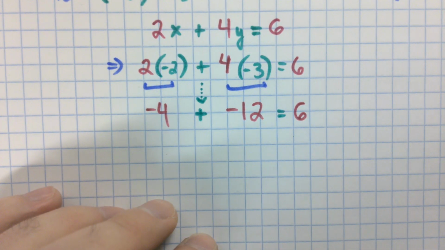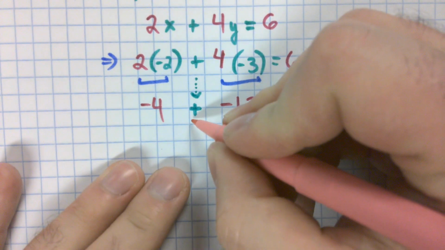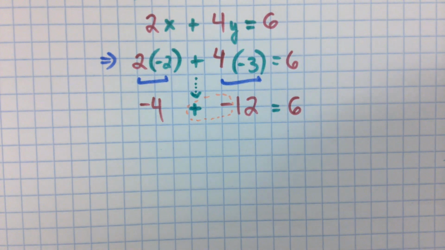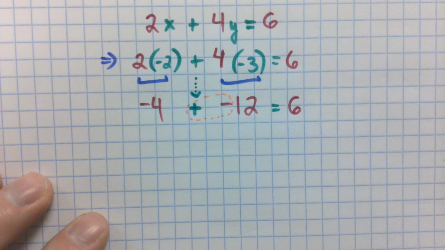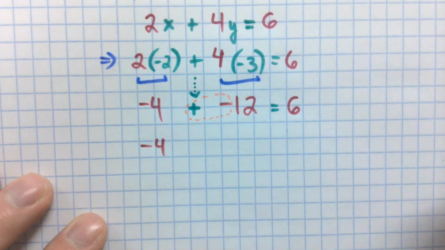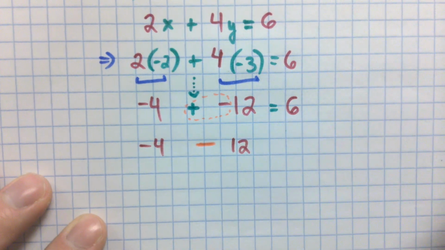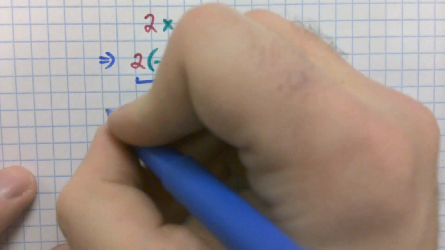Now, what happens when we have a plus sign right next to a minus sign here? What does that make? A big plus? Oh, no, minus. A big negative sign, right? So this turns into -4 minus 12 equals 6.